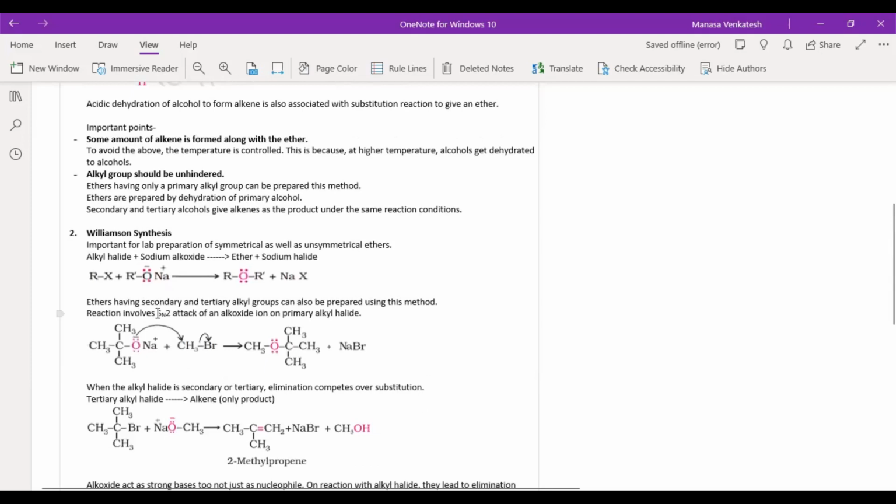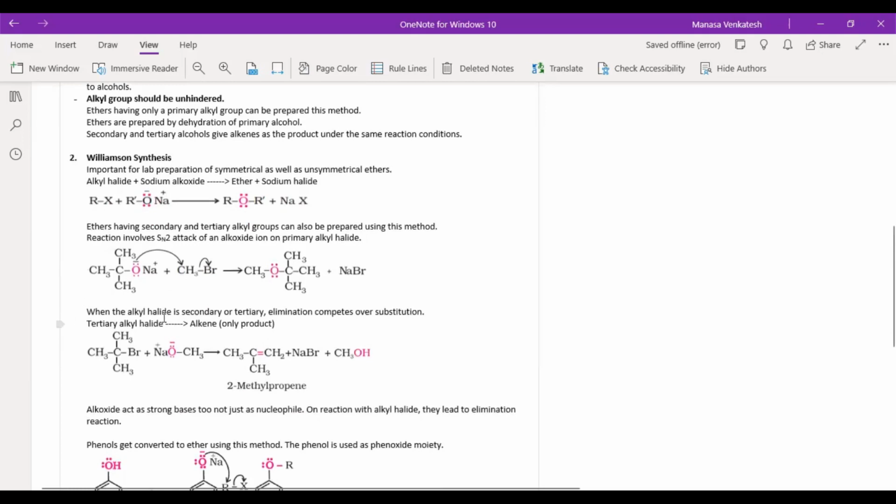Next is Williamson synthesis. In Williamson synthesis, you have R-X, that's an alkyl halide, reacting with sodium alkoxide to give us an ether with the sodium halide. Here, ethers containing secondary and tertiary alkyl groups can also be prepared using this method. But when we talk about the alkyl halide, if the alkyl halide has a tertiary alkyl group attached to it, then you have the alkene as the only product formed.